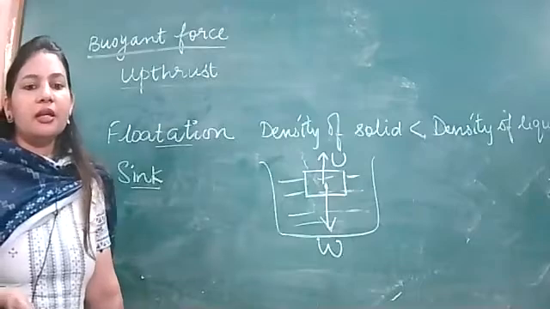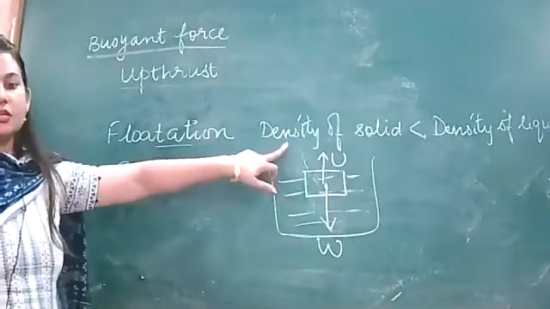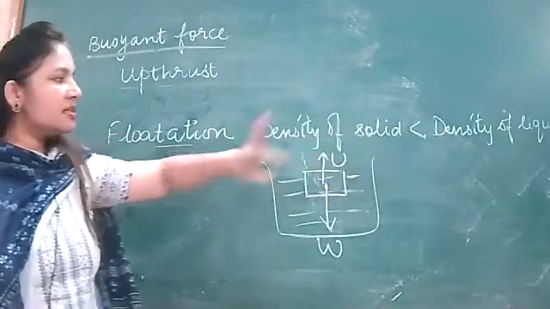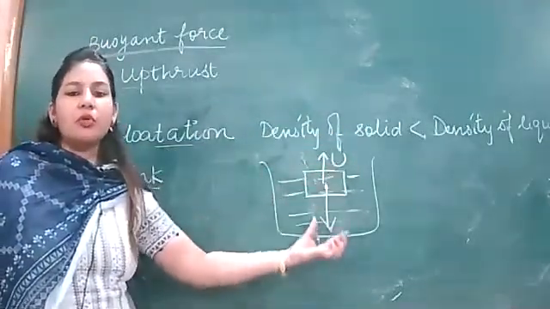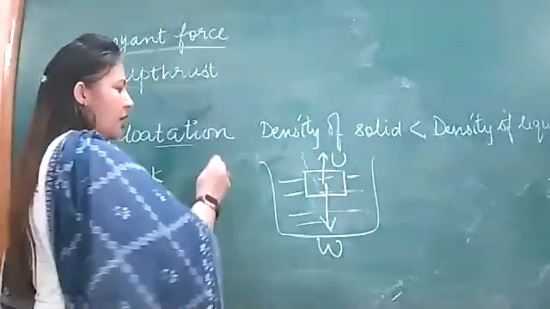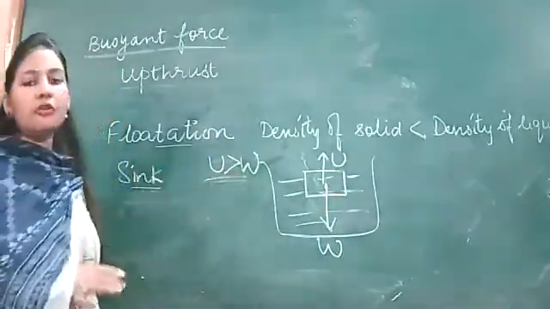Whichever force will be greater, it will keep the body in that direction. So when the density of solid is less than density of liquid, what will happen? Upthrust becomes more than weight of the object. U becomes greater than W, so that's why it floats.